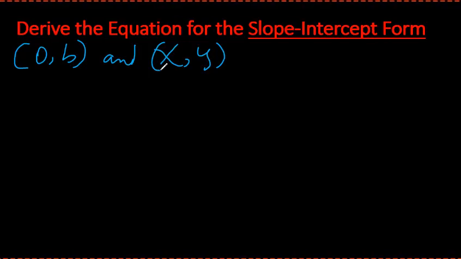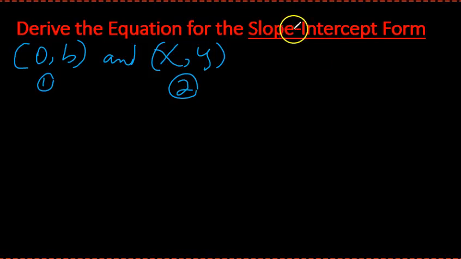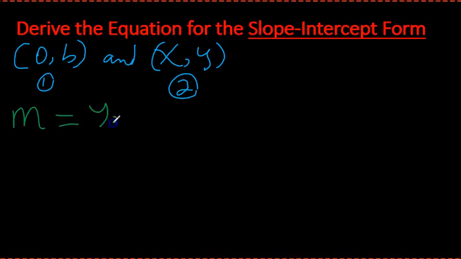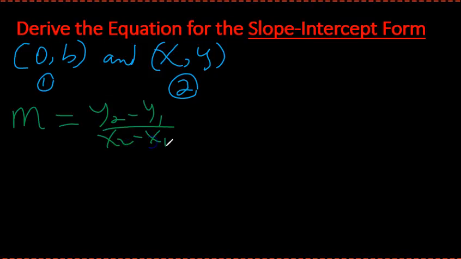Let's call this our point 1, and this will be our point 2. Since this involves slope, let's just use the slope formula. So the slope is y2 minus y1 over x2 minus x1.